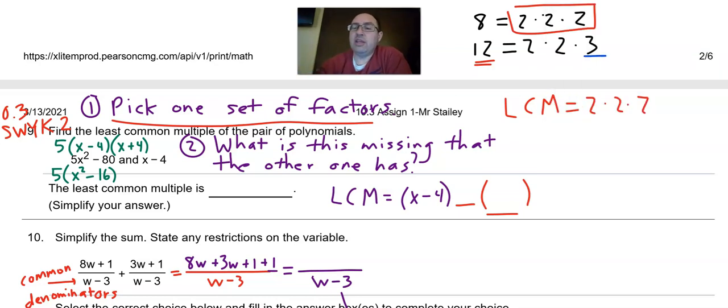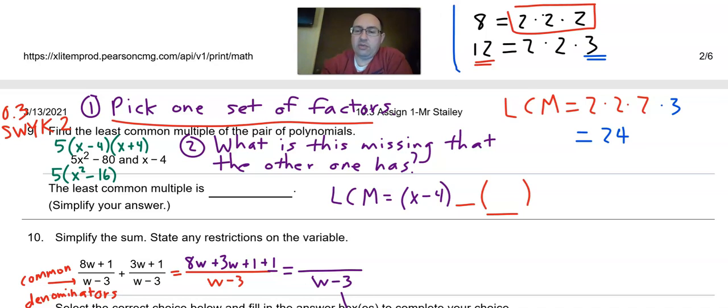What I'm hoping you see is that it's missing this 3. It already has two 2s, so that's not missing, but it doesn't have a 3. This creates 8 times 3, which is 24. 24 is the smallest common denominator.